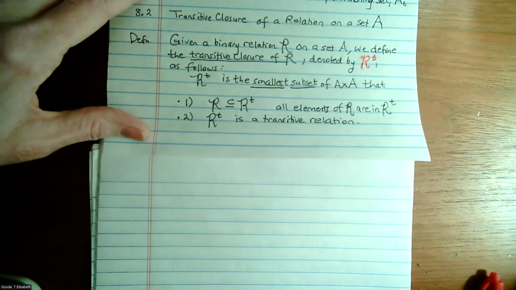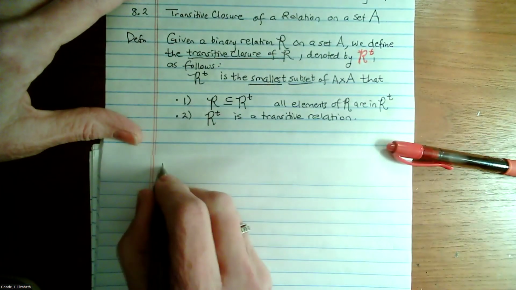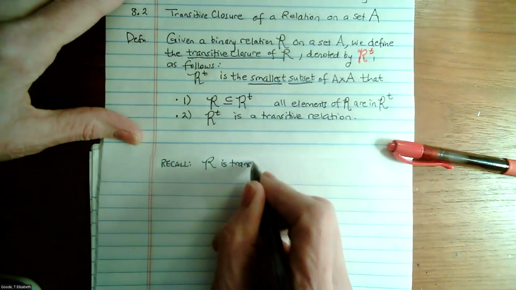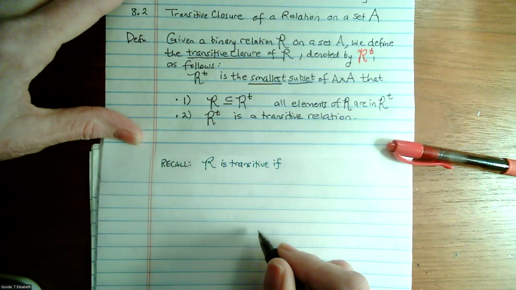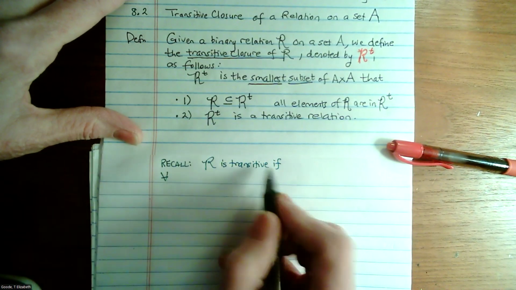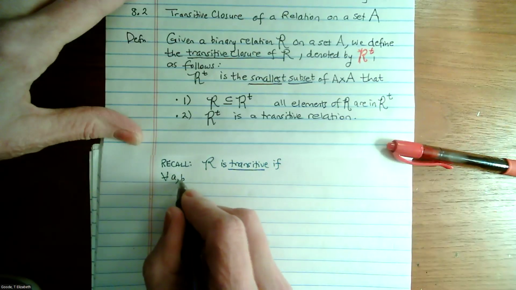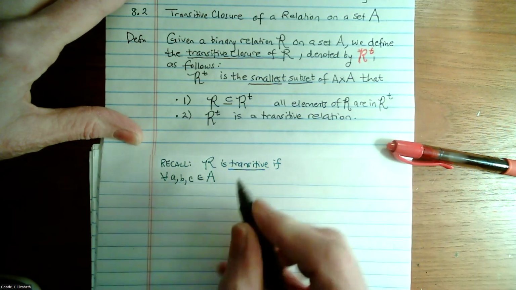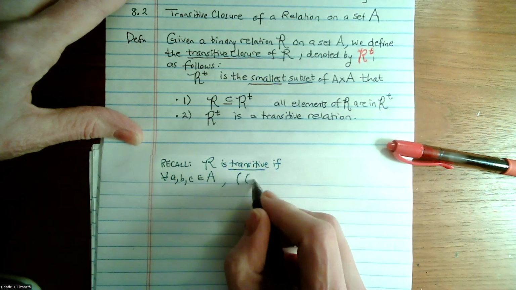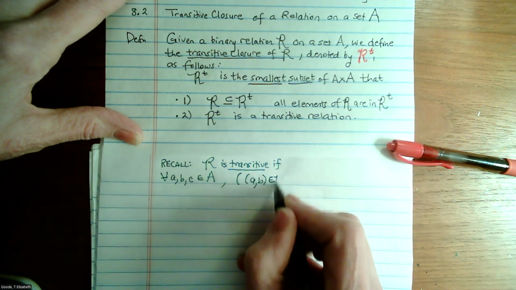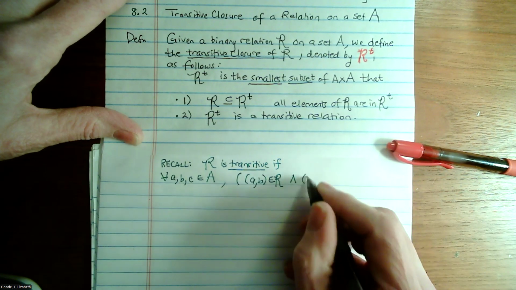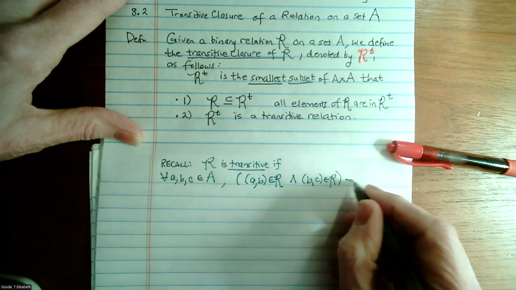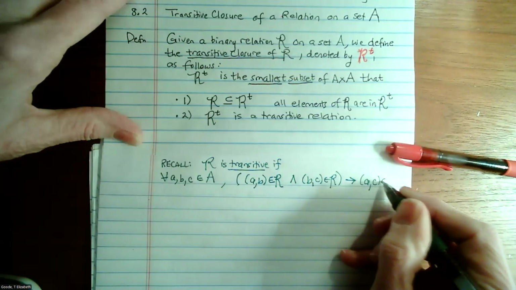Curly R is transitive if, I'll write the definition with ordered pair notation, for all little a, little b, and little c in the set big A, we have a compound hypothesis: (a, b) being an element of curly R and (b, c) being an element of curly R, those two things together imply that (a, c) is also an element of curly R.